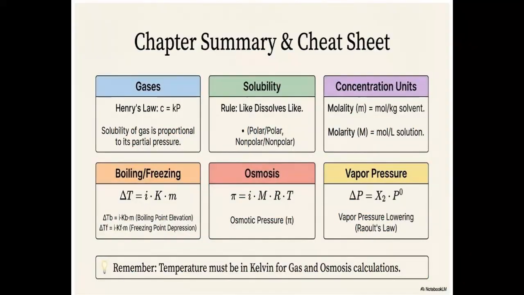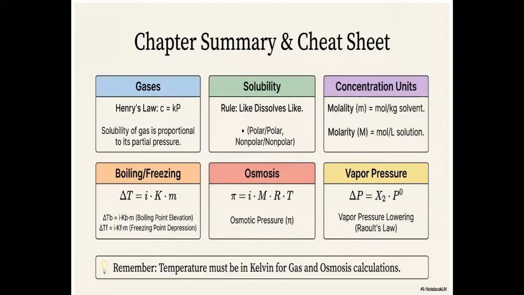Just to summarize and close the chapter, for gases, you have Henry's law. You can calculate the solubility based on the partial pressure of the gas, times the solubility constant for that gas. When we deal with solubilities, don't forget the rule: like dissolves like, polar likes polar, non-polar likes non-polar.